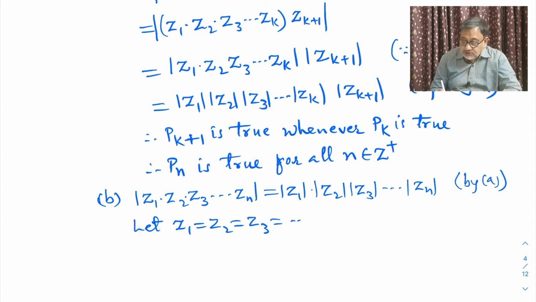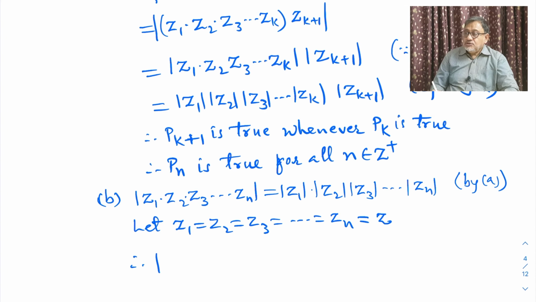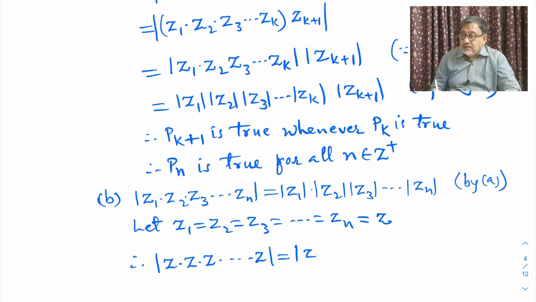z1 is equal to z2 is equal to z3 and so on is equal to zn is equal to z. So therefore modulus of z into z into z up to n times is equal to modulus of z into modulus of z into modulus of z so on, modulus of z n times.